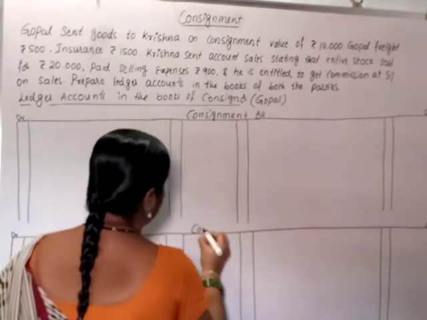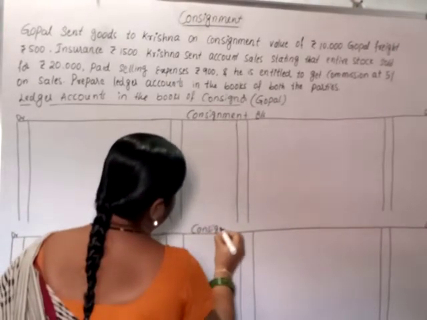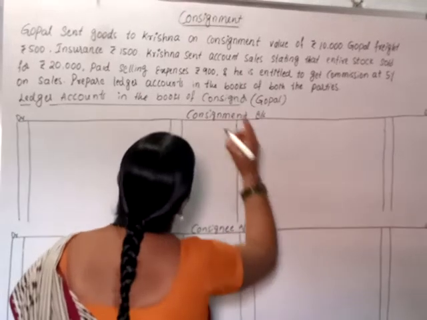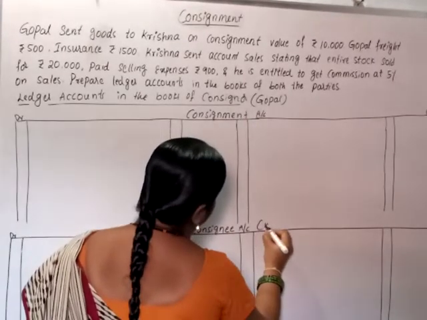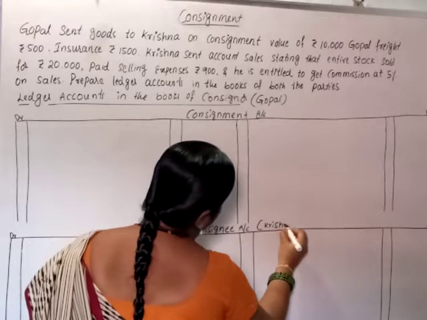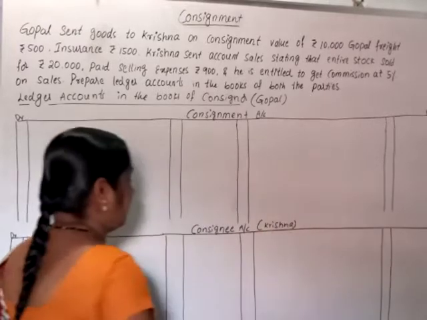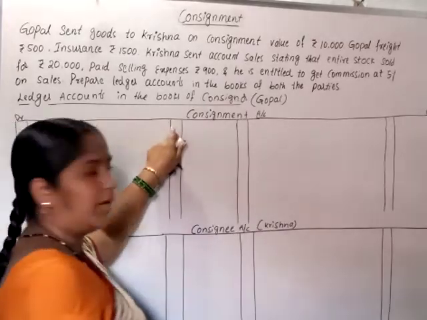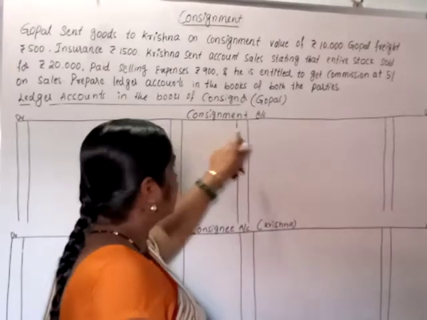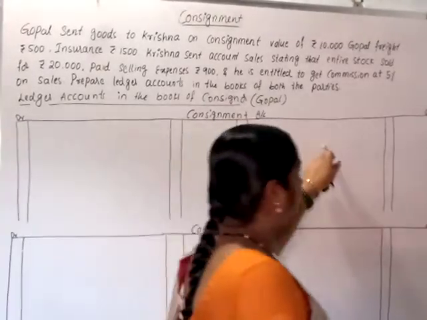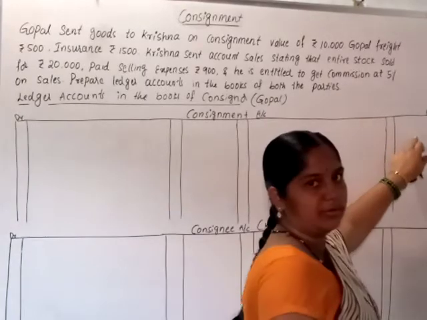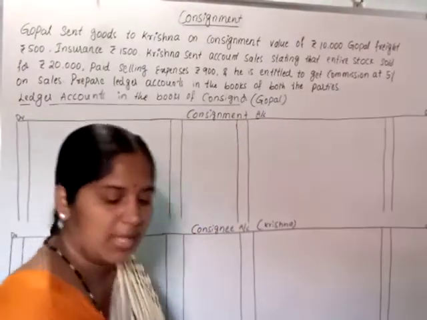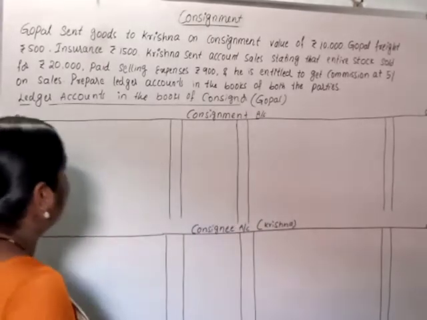This is the consignee account. Who is the consignee in this problem? Krishna. So under brackets write down Krishna. This is the Krishna account. Date column, particulars column, JF column and amount column, the same for the consignee account also. Okay, now go through it one by one.